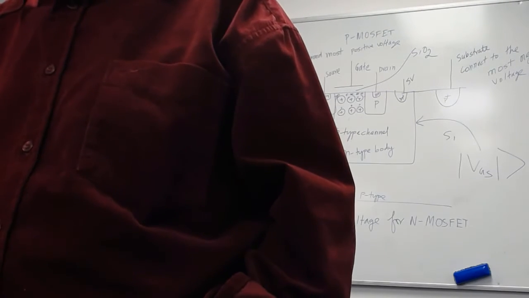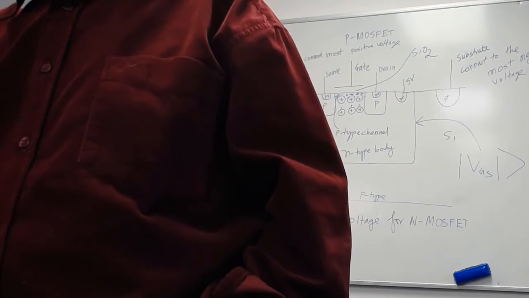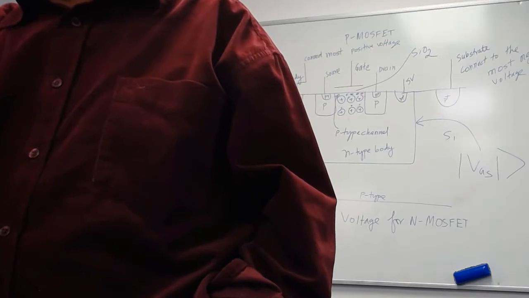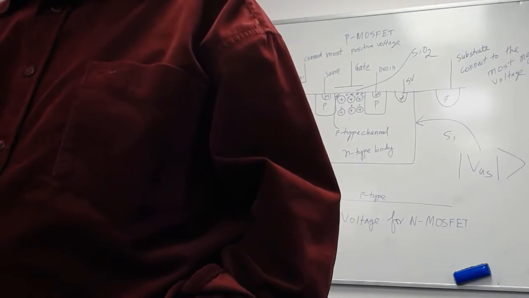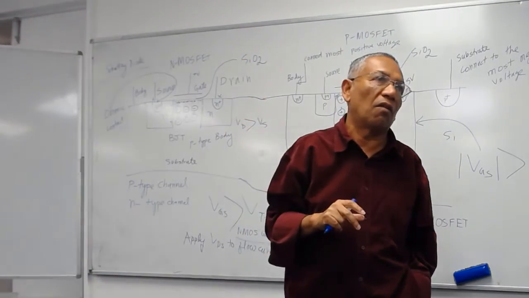Can you interchange source and drain here? Does it matter if you call the source as drain and drain as source? Just interchange them by reversing the polarity of your drain to source voltage. Does it matter? No, exactly. So in MOS, it is a bilateral device where you can change the source and drain. Nothing changes.